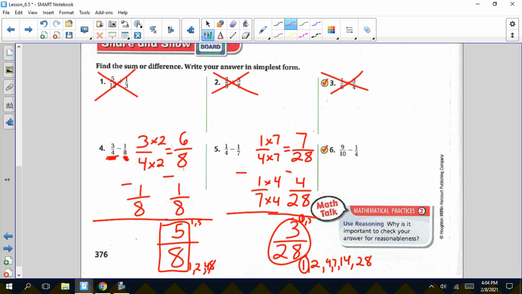All right, we're going to work through number 6 here. 9/10 minus 1/4. Remember, we could multiply those two denominators together to get a common denominator, or we can just count by 10s and 4s until we find something they have in common. Well, if I count by 4s, I would go 4, 8, 12, 16, 20, and I know 20 is a common denominator.